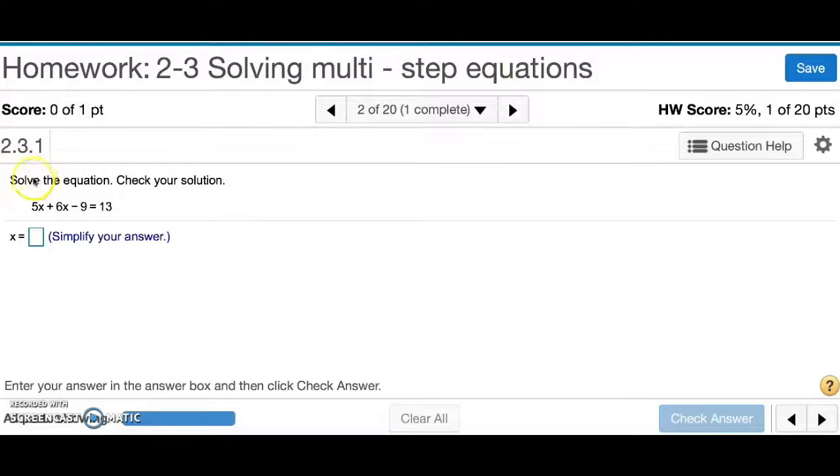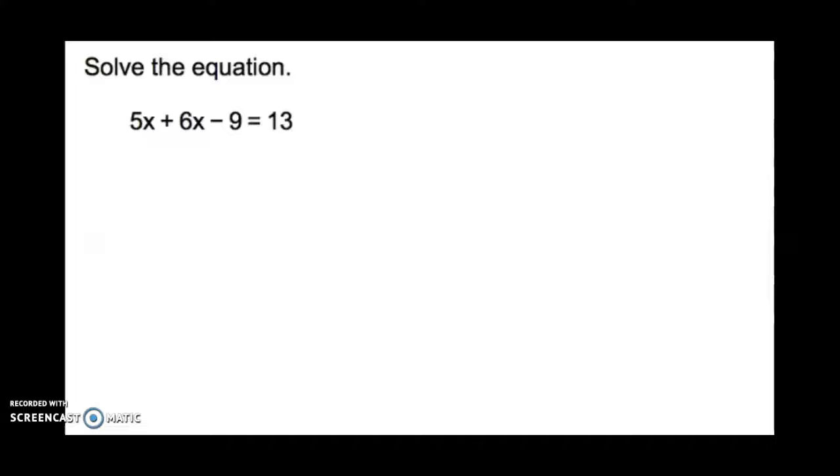2 is asking you to solve the equation. We have 5x plus 6x minus 9 equals 13. So let's take a closer look at it. I see the first step is going to be to combine like terms, because we have two terms with an x on it. These are like terms.